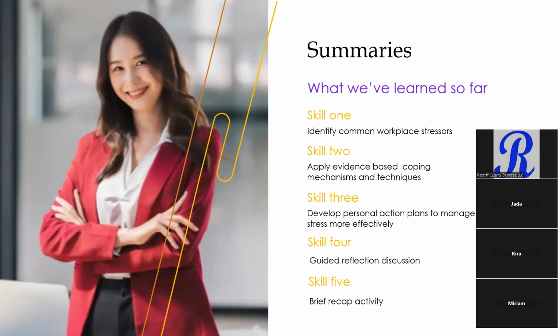And skill number 5 will be a brief recap activity where we'll all engage in a group activity, basically role playing scenarios and then giving feedback to the group that role played that scenario, and how you would react in that situation, how you would relieve your stress, and things of that nature.